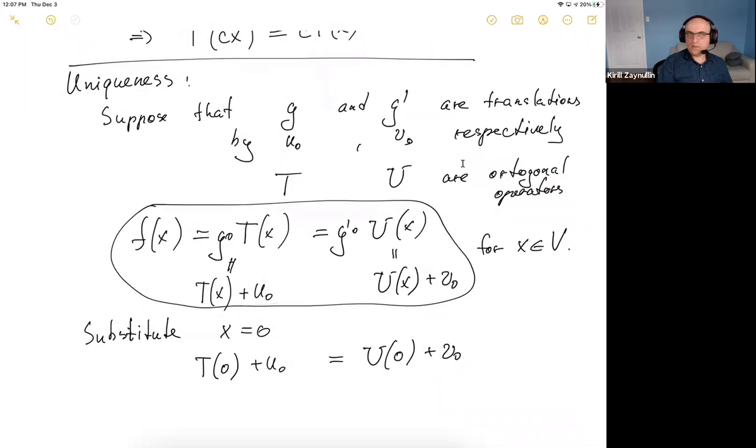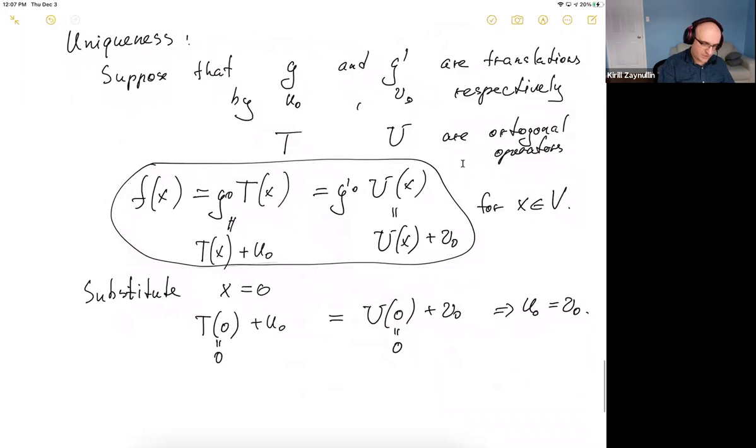But T and U are linear operators. So T of 0 is 0, U of 0 is 0, so this would imply that U0 is V0, right? So meaning that this translation is the same. It has to be the same.